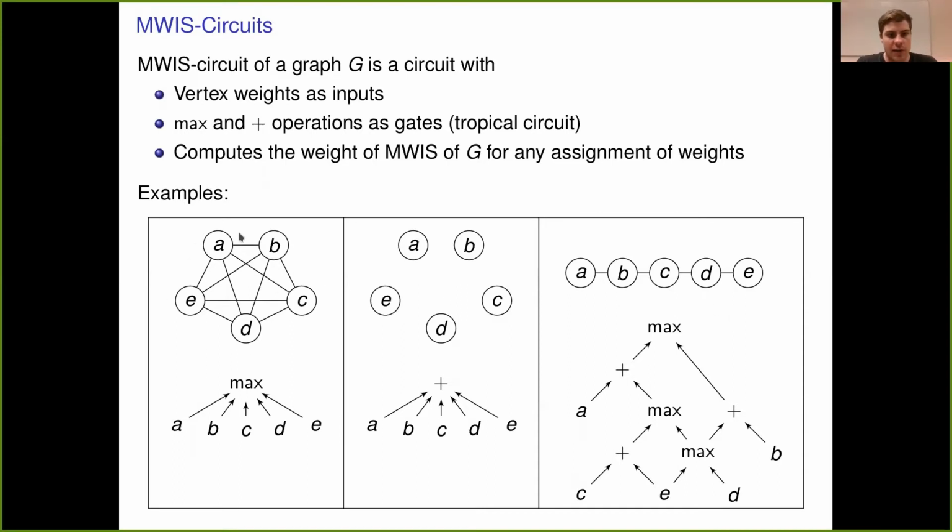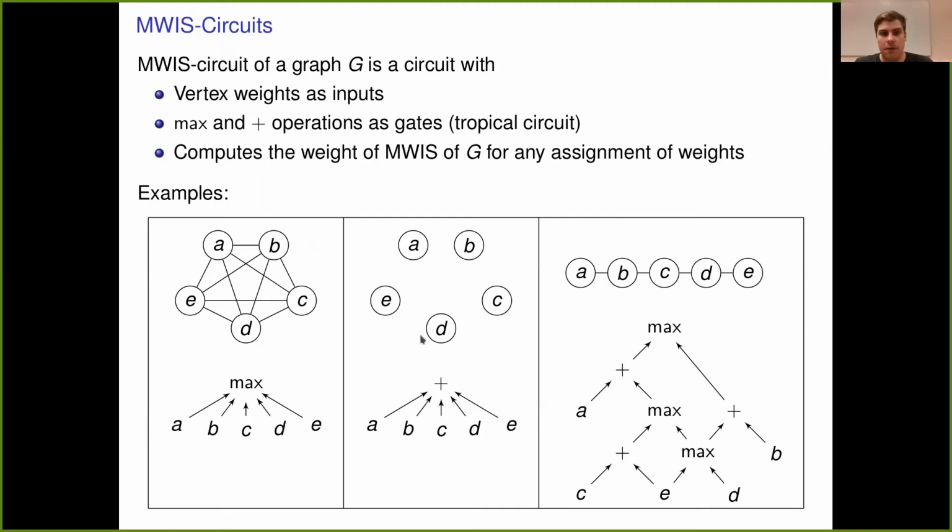So here are some examples. If you have a complete graph, then an MWIS circuit of the graph just amounts to taking the maximum of all vertex weights, because any independent set has just one vertex.